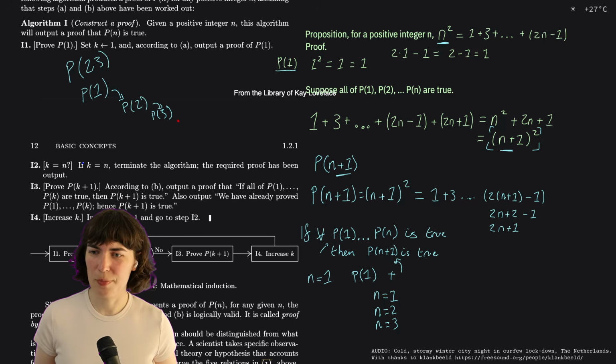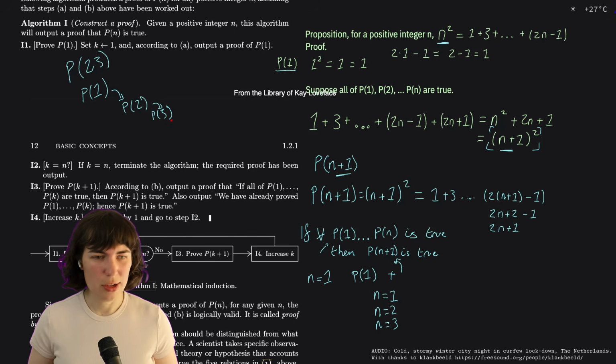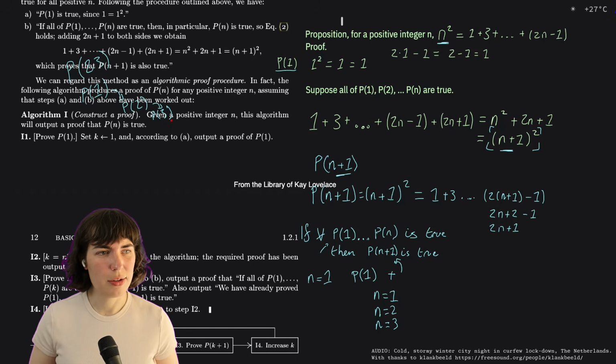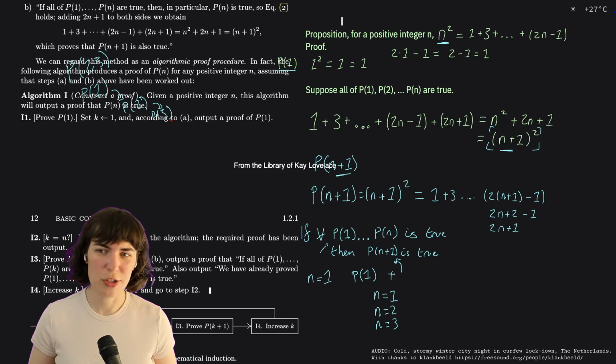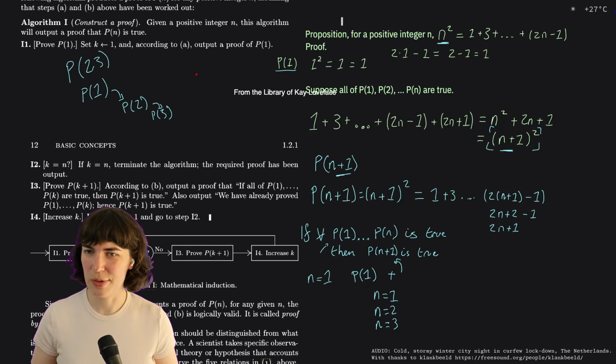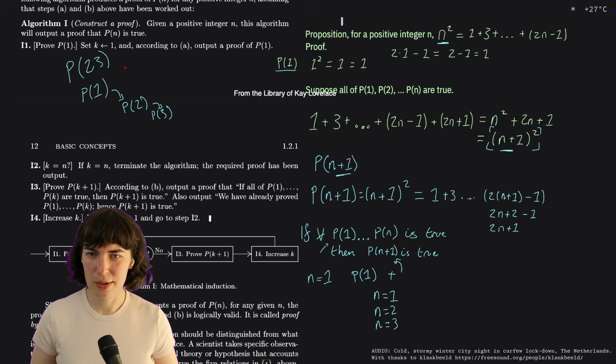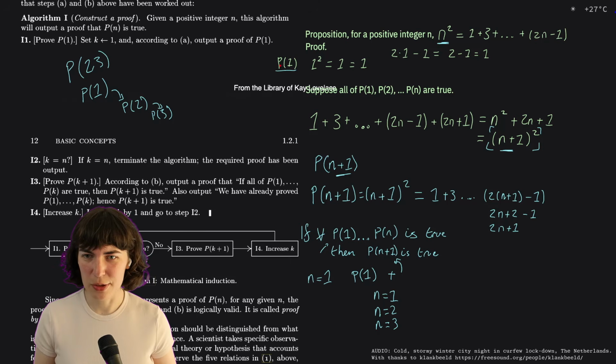So that's how does he describe it? He's like algorithmic proof procedure. Okay. So it's to construct a proof. Okay, interesting. All right, I think I understand that a bit better now.